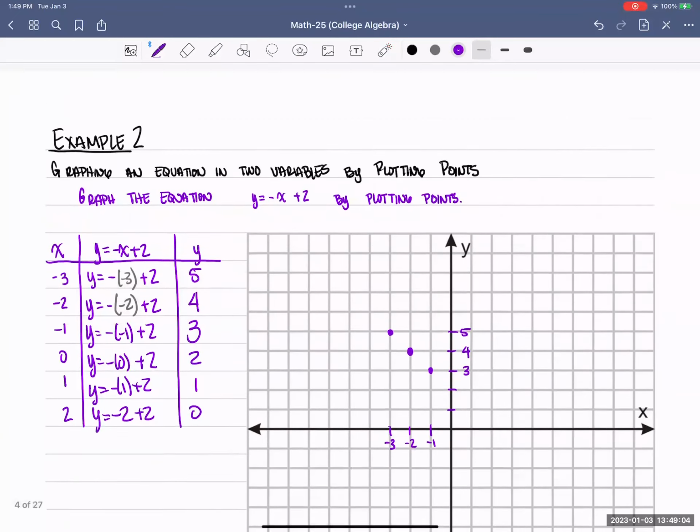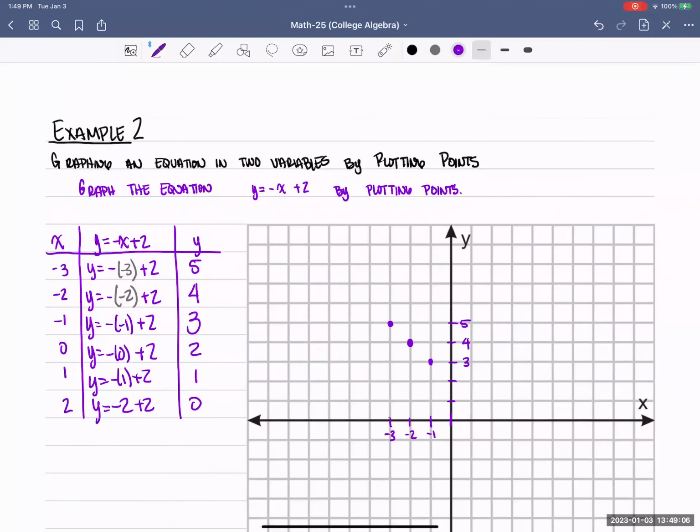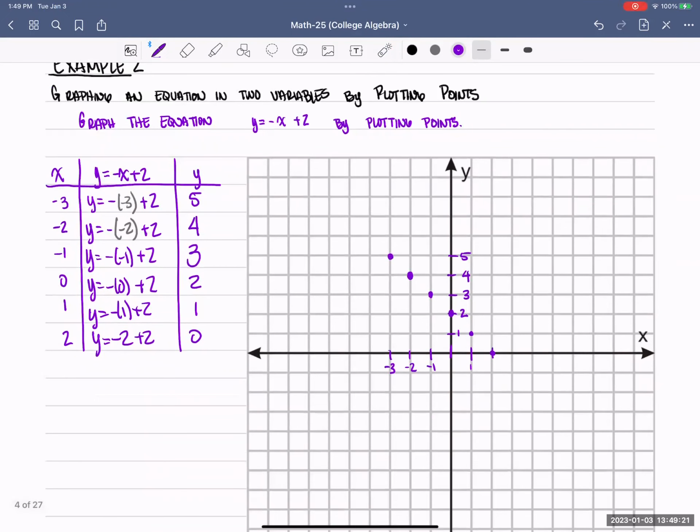So we go out 0 units right there and up 1, 2. Next is 1, 1, and 2, 0. And from there, you just graph along those points. We have a perfect line.